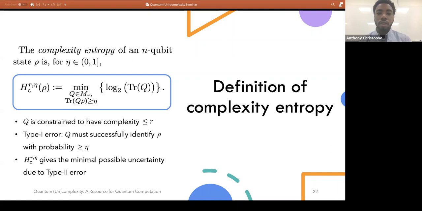So here, as long as Q is within the set of relatively simple measurements and it successfully identifies rho with high enough probability, it's fair game. Now we're just looking at these sets of measurement operators, and after that, we just want to minimize the type 2 error that we can get among the set.